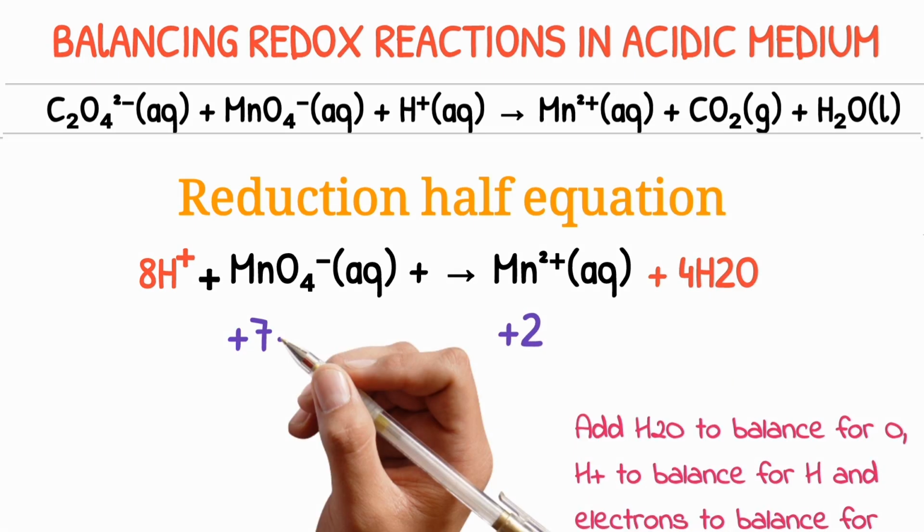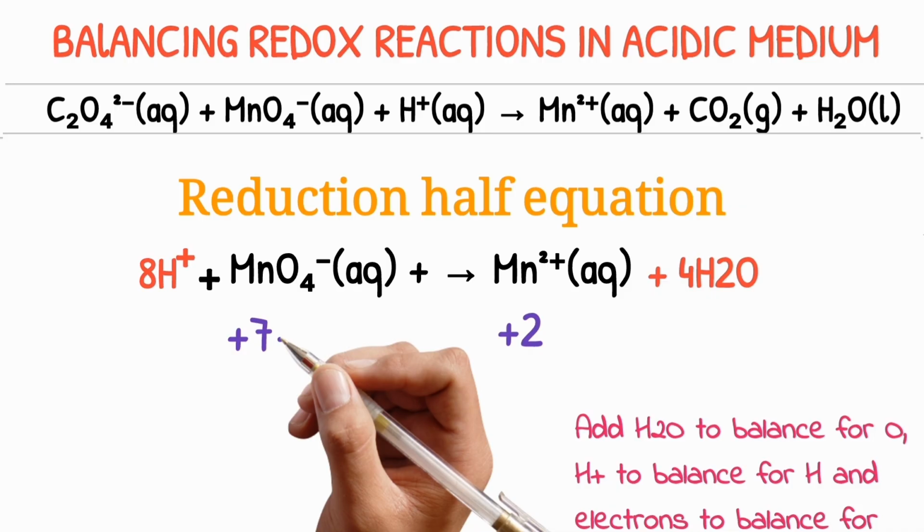Equally remember that we balance for charges or ions by adding electrons. When you look at +7 and +2, the difference between them is 5. So we are going to add 5 electrons to the +7 to make sure that the charge becomes +2.